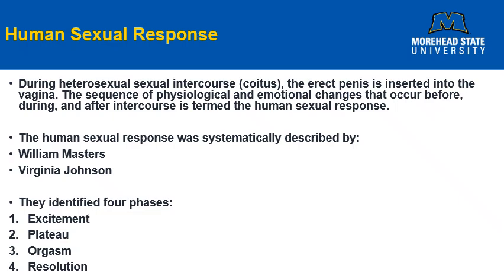During the excitement phase, there is vasocongestion, or the engorgement with blood of genital tissue, resulting in the erection of the penis in men and the erection of the clitoris and swelling of the labia and vagina in women. In addition, vasocongestion causes the breasts to swell and the nipples to become erect as well. The excitement phase is also associated with an increase in the secretion of fluid that lubricates the walls of the vagina.